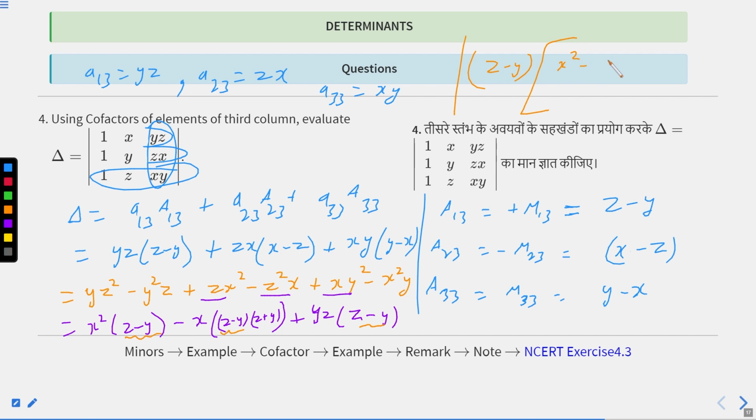So x square minus x, z plus y, plus yz. Okay, clear? Now simplify it if you want to. So this will be minus xz and minus yx. Okay, clear? So this will be your determinant in the simplest form. Okay, I hope that it is clear to you. Or I think it can be further reduced to what?